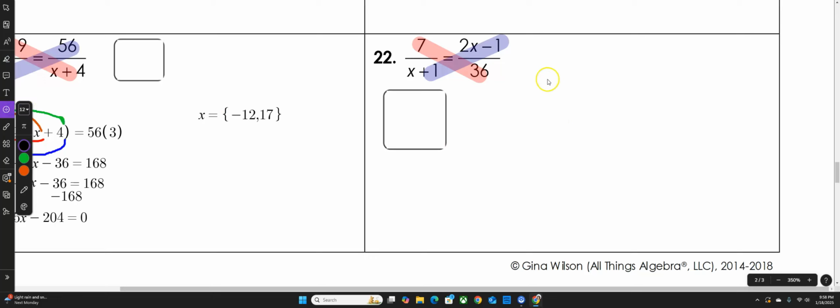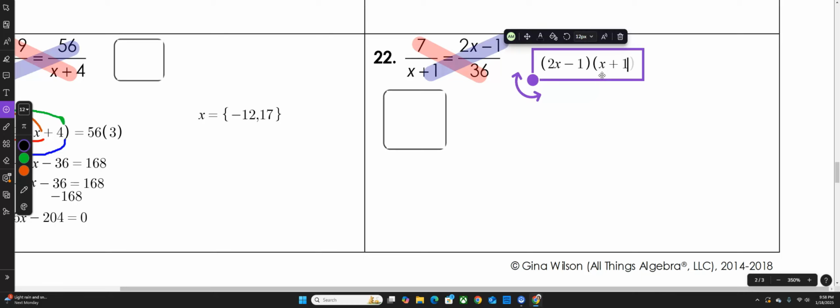We're going to multiply the numbers together. So again, we're going to have 2x minus 1 times x plus 1 is equal to 7 times 36.